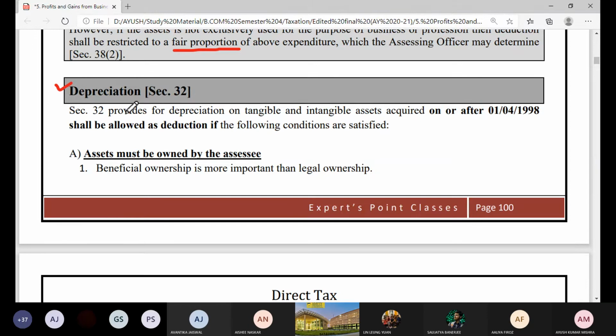Now what this says, section 32 provides depreciation on tangible and intangible assets. First time we have seen the word depreciation for tangible and intangible assets. Do you know that intangible assets don't depreciate? They are amortized or they are depleted.